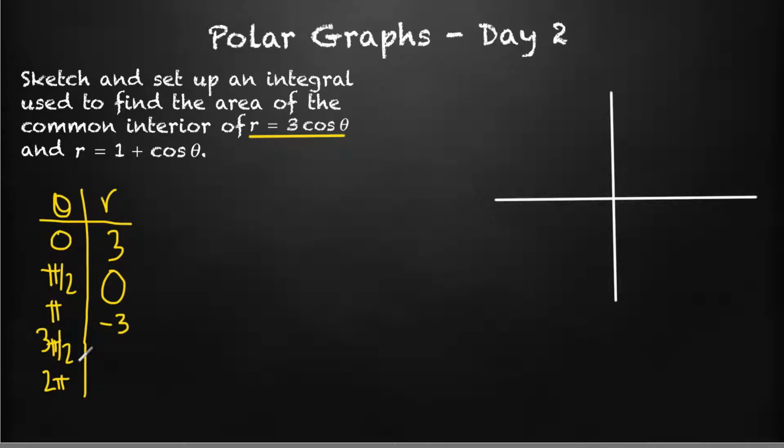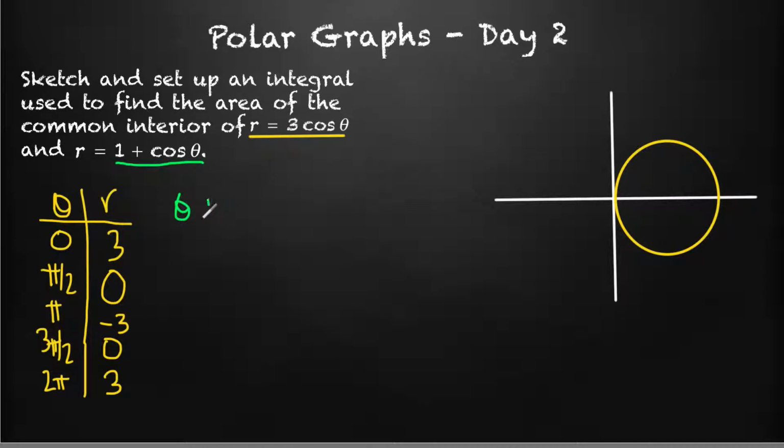And then cosine of 3 pi over 2 is 0 once again. And 2 pi is the same as 0, so that's going to be 3 as well. So you plot those points, and it's going to end up being a circle. And so we're going to draw a circle there, and that is going to represent our graph, r equals 3 cosine of theta.